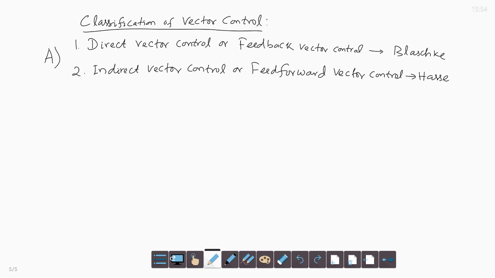Direct vector control and indirect vector control differ in the method of generating the unit vector.